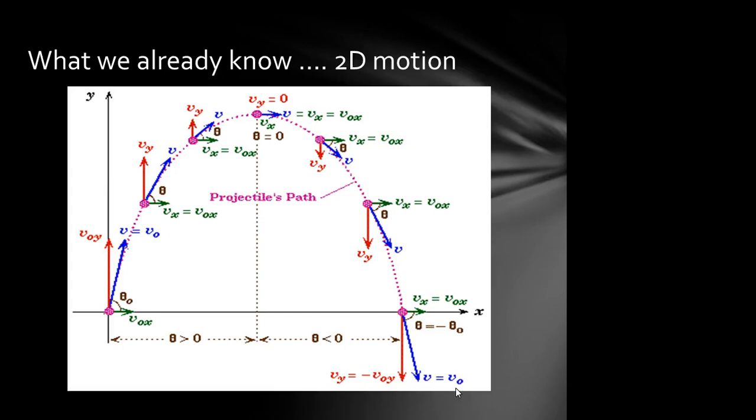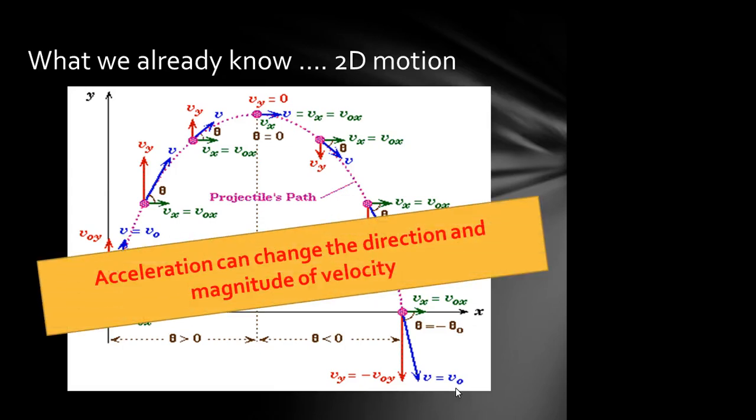And not only has the velocity changed in magnitude, it's also changed in direction. At first it was pointing upwards at an angle, then it was pointing horizontally, and finally the magnitude increased a lot and it's pointing downwards. So acceleration in two dimensions can increase and decrease the magnitude of the velocity, as well as change the direction of the velocity. So that's what acceleration does.